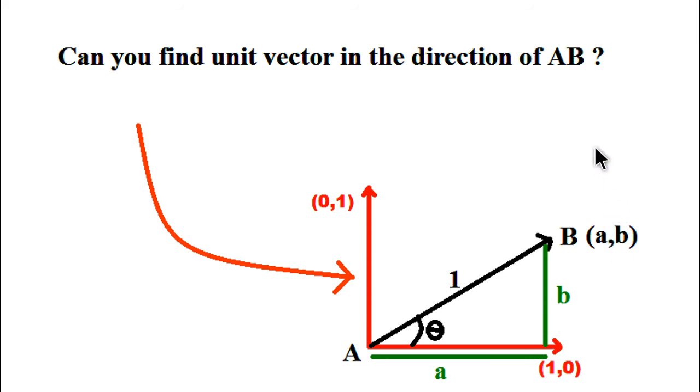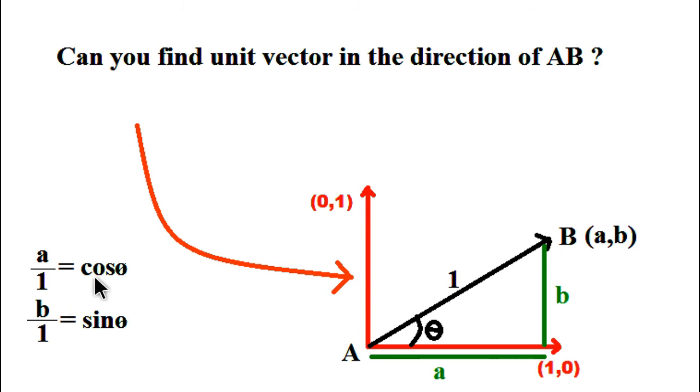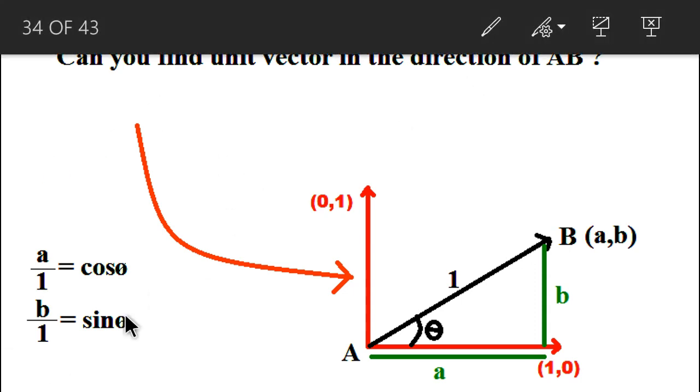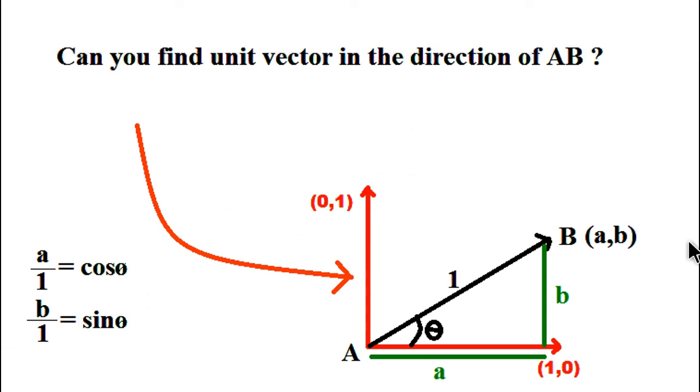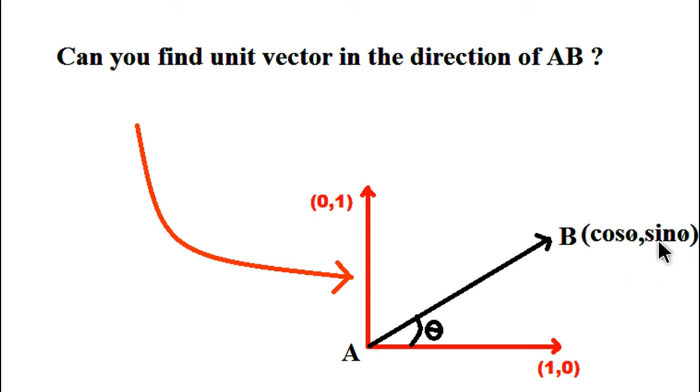We can easily find it: a over 1 is cos theta, as this angle is theta, so b over 1 is sin theta. So this vector is (cos theta, sin theta). Therefore, the unit vector in the direction of AB, the direction that makes angle theta with the x-axis, is (cos theta, sin theta).